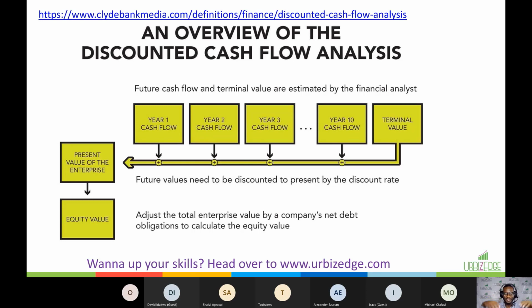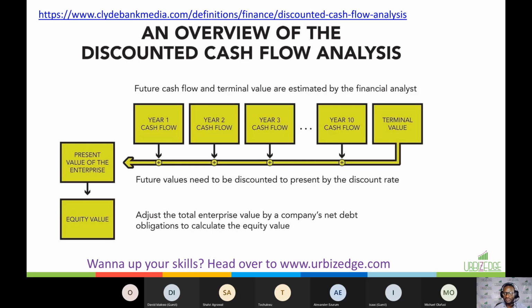Just imagine that this is January 1, the first day of your financial year. Anytime you're doing valuation, you typically are starting from now. One year into the future, what's the money that is going to come? I discount it, I convert it to today's value. Two years into the future, three years.